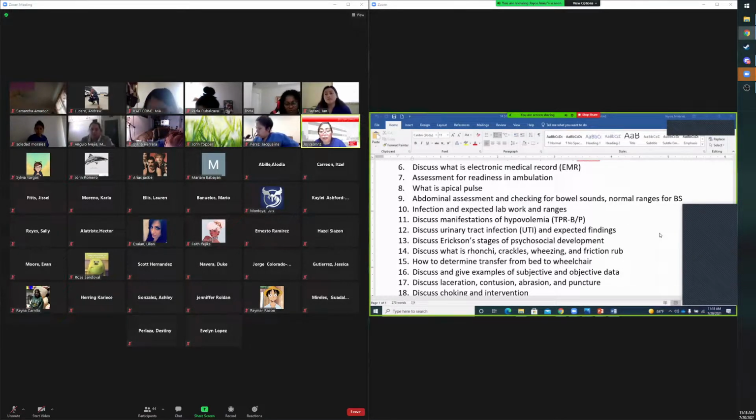Foul smell. How does your urine look? It's cloudy. Brown is already very severe. Urine can be cloudy with a foul smell. Will you have incontinence when you have UTI?